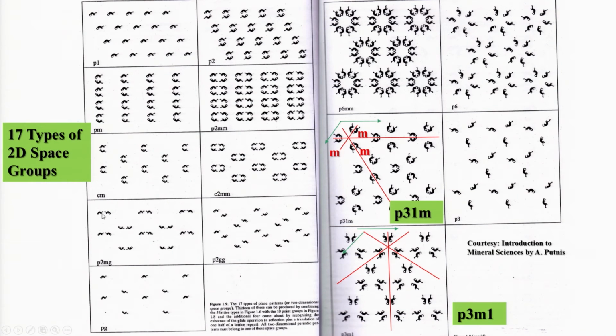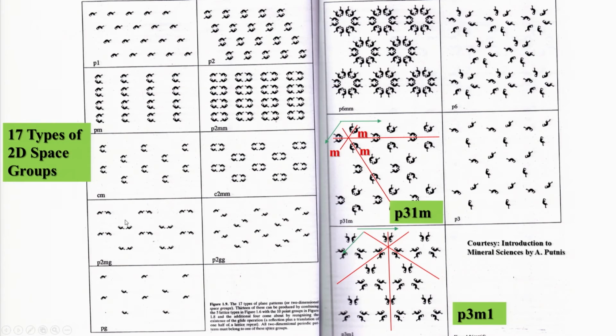So, if this is a repeat distance here, and it is translated half of this distance and then reflected, what will happen is that after reflection of these two, this will be generated here, and then it will be translated another half unit, and after reflection along this glide plane, this will be generated here. So, this is the glide plane operation, and this is your mirror plane here.